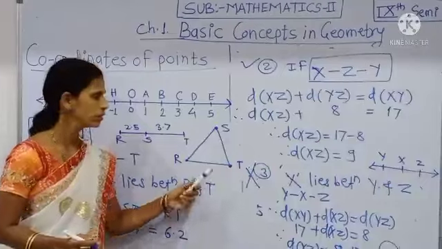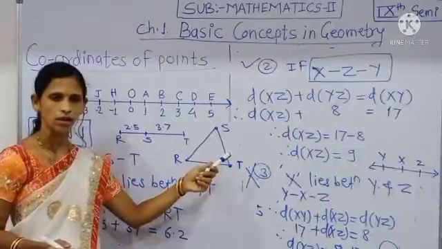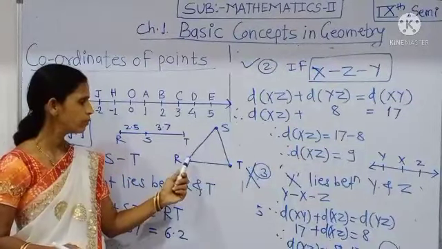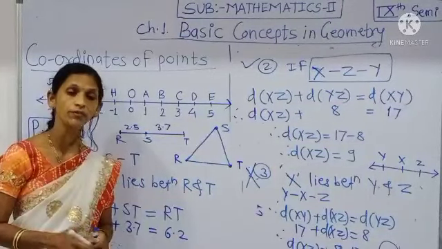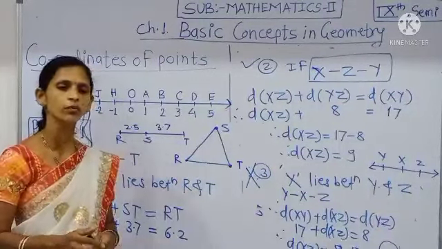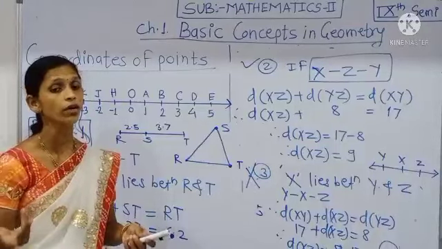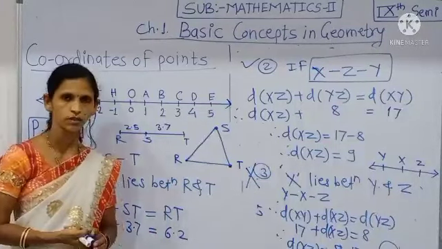We get the triangle, which is formed by 3 non-collinear points. If there are 4 non-collinear points, then we can get the quadrilateral also.